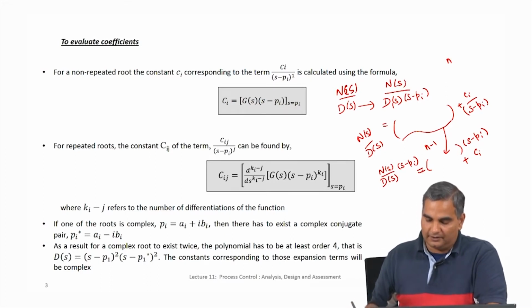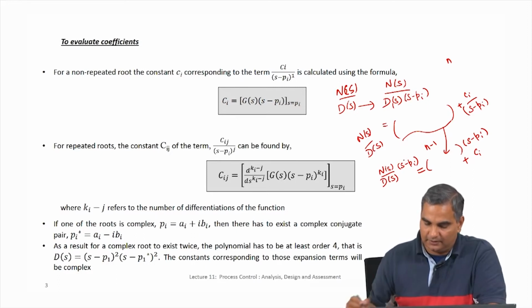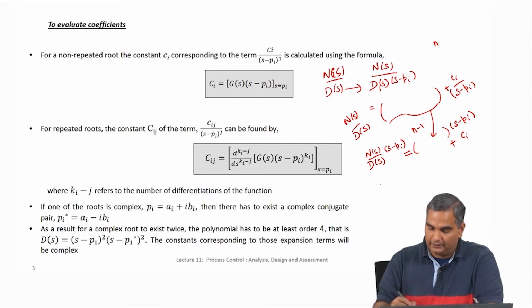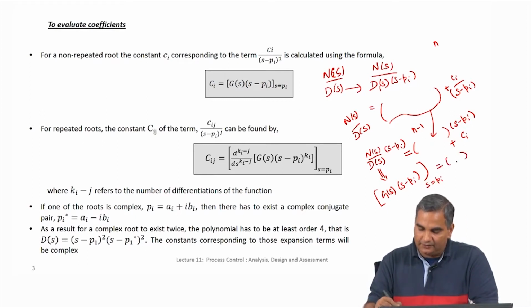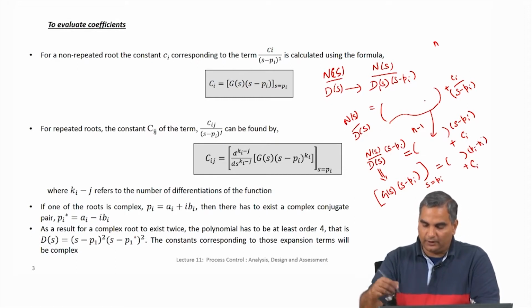Now, notice something interesting. So, this is g of s times s minus pi. Now, if I set s equal to pi, then what will happen on the right hand side is I will have this term times pi minus pi, plus Ci, because already the s minus pi was removed when I did this.